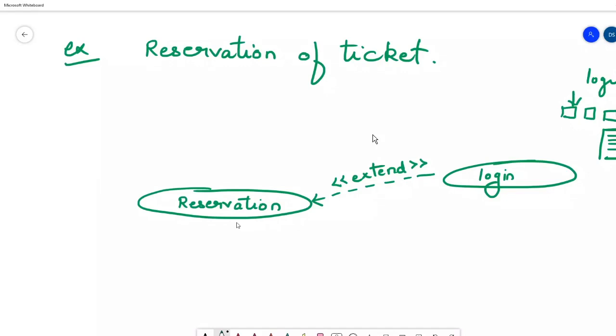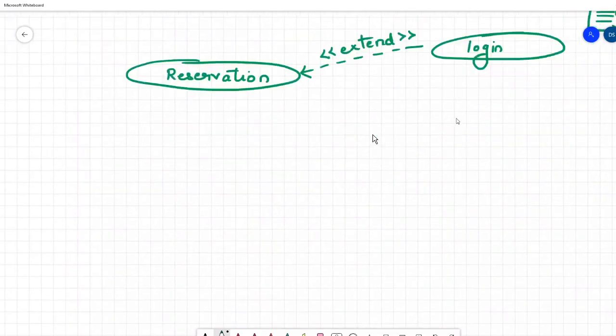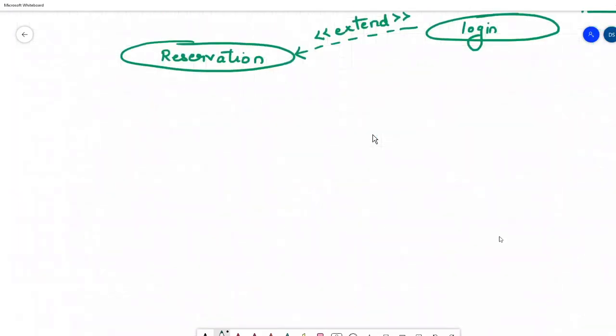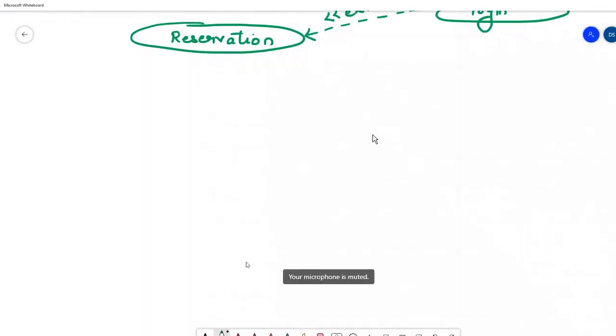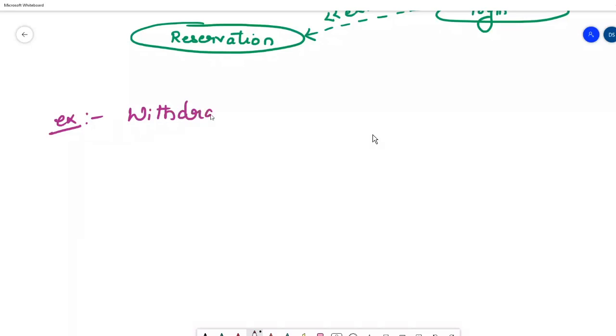Now let's take the simplest example of withdrawing money from your account. Let's see how we can make this. Withdraw money. Now we know that in this we have one actor.